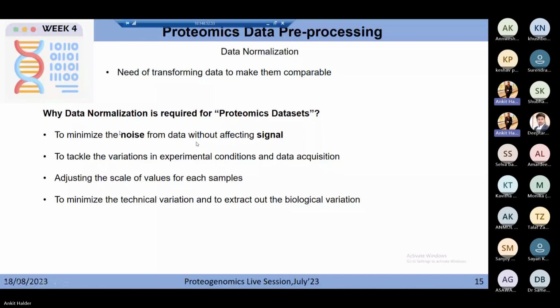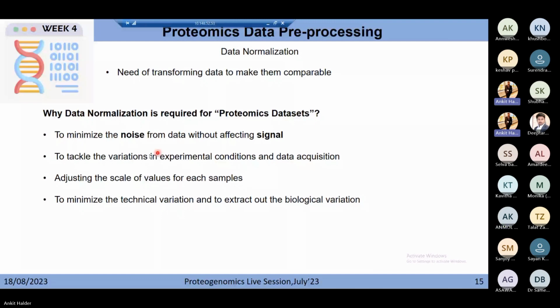Firstly, we have to understand what is the noise and what is the signal. Data normalization is the technique by which we try to minimize the noise in the data without affecting the signal.